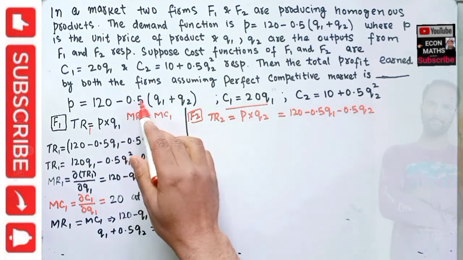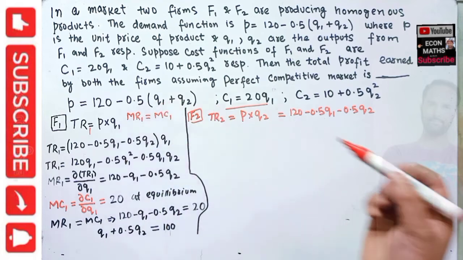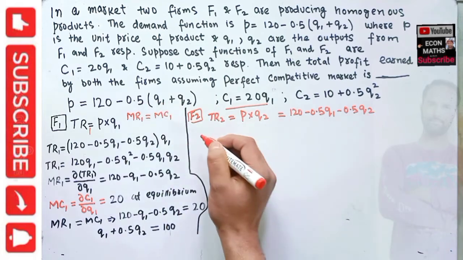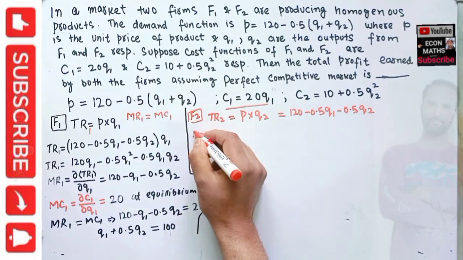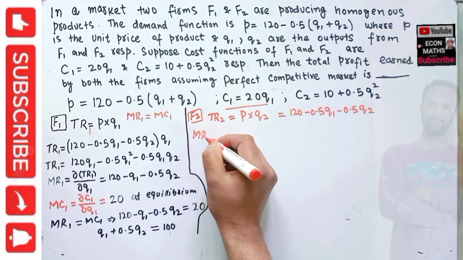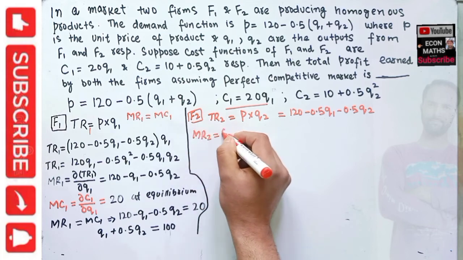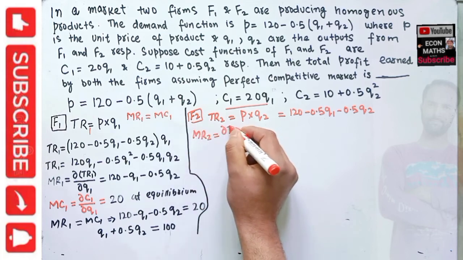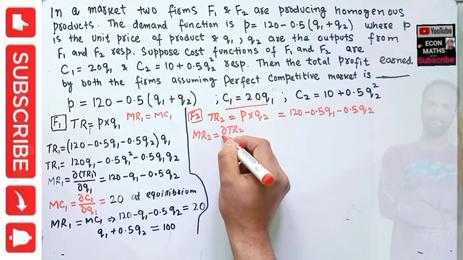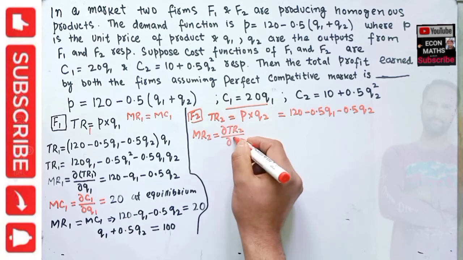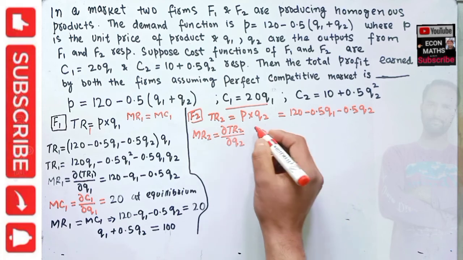Marginal revenue for firm 2 will be the partial derivative of the total revenue of the second firm with respect to the quantity it produces, that is Q2.